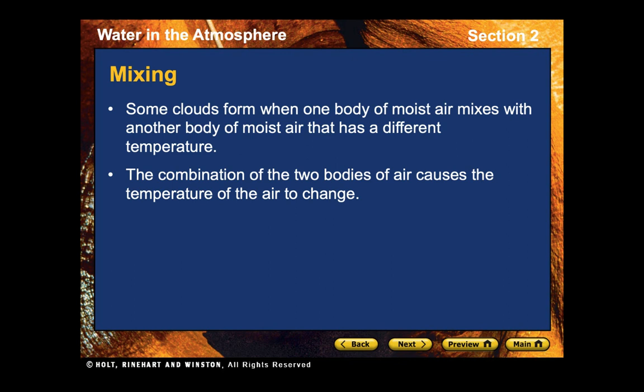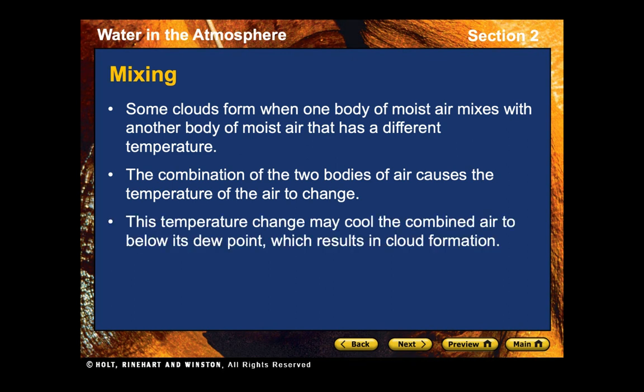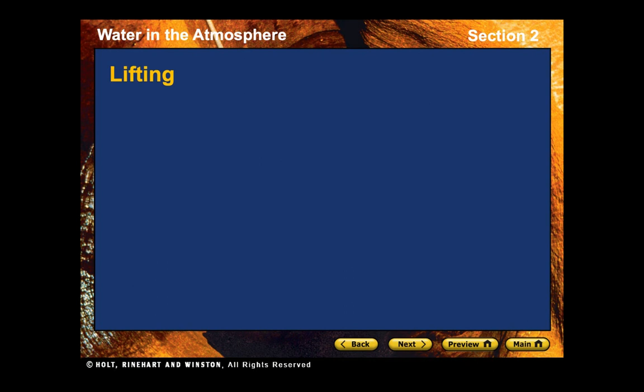When the hot meets the cold, what do we get? More condensation. What do we get as a result? Precipitation, because the air gets too heavy. The water droplets accumulate enough. It is too heavy. So this temperature change may cool the combined air to below the dew point, and the result, you get a cloud.